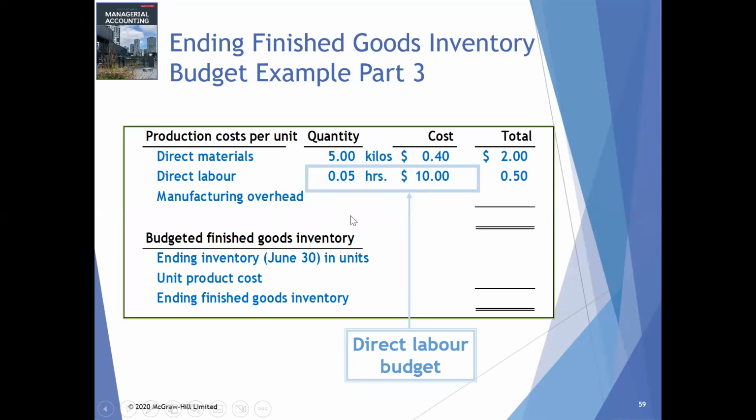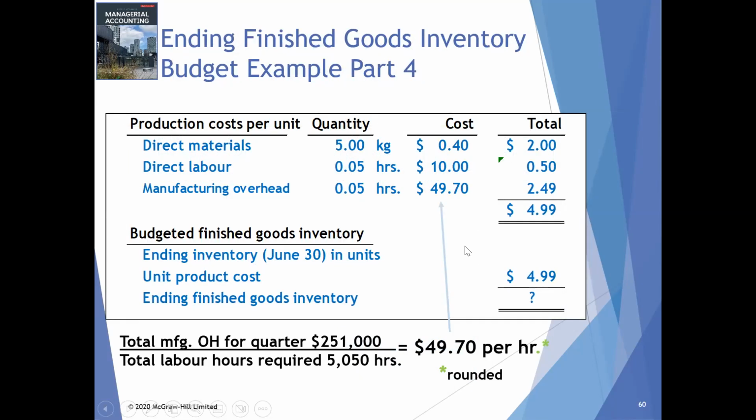And manufacturing overhead. Now, the third point is the manufacturing overhead, which we calculate on the basis of the criteria given: the total manufacturing overhead for the quarter is 251. Where was this 251 calculated, and the total labor hours? Both figures have been calculated on the previous slide.